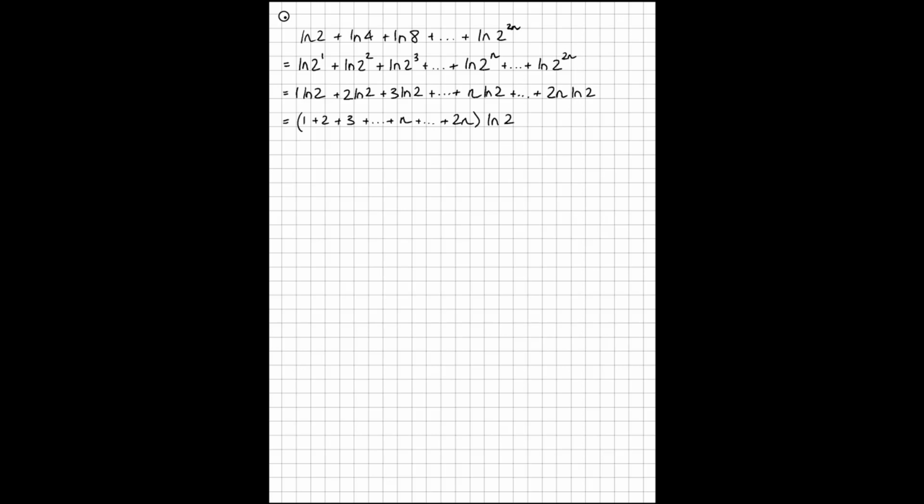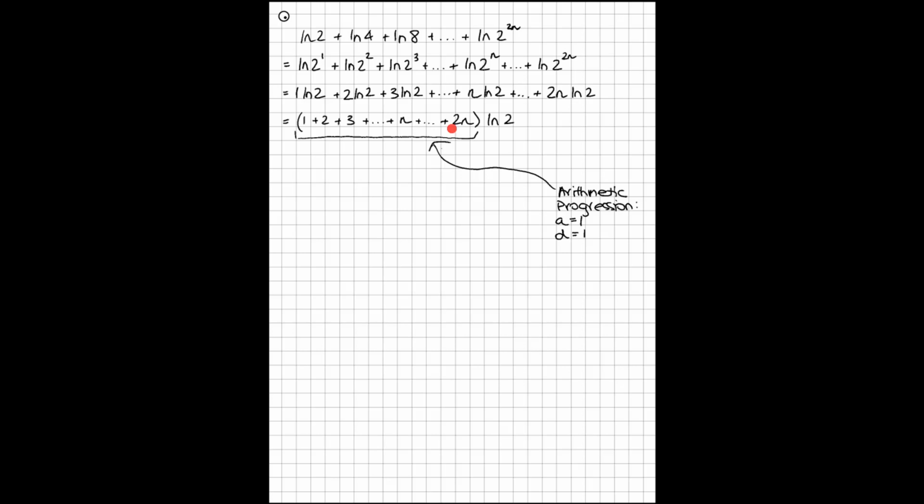The key is to notice that what's in the bracket here is an arithmetic progression. The first term, a, is just 1. The difference between each term is again just 1, everything's counting up by 1.